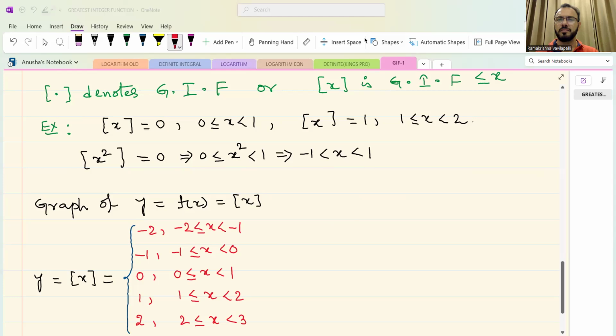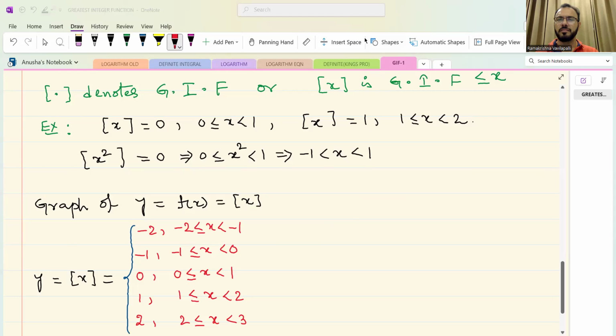So with the help of these lines, we can draw the graph of the integral part of x. Here you see we have the lines y equal to 0, y equal to 1, y equal to 2, y equal to minus 1, and y equal to minus 2.